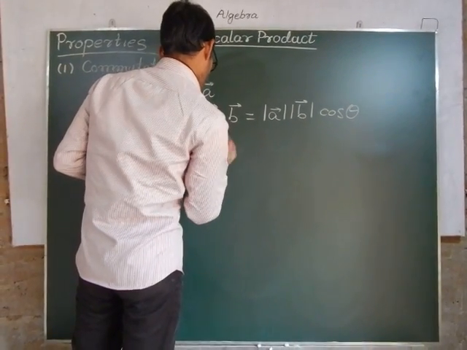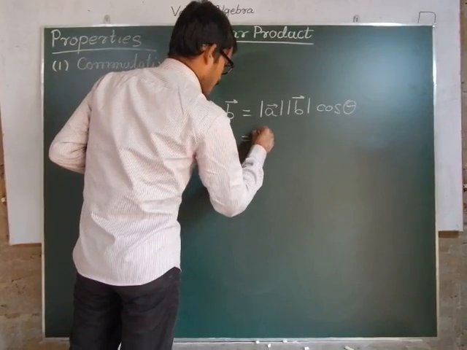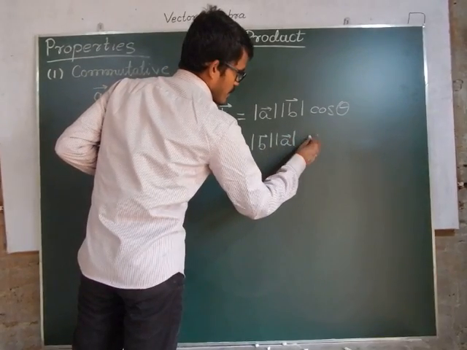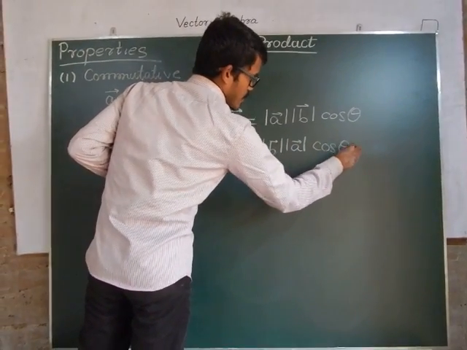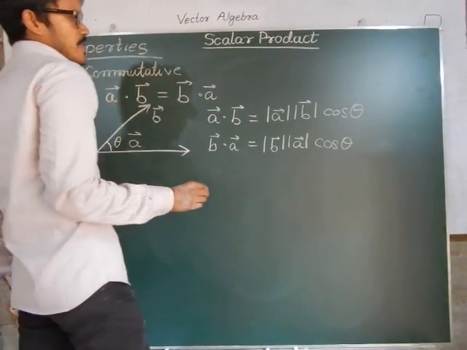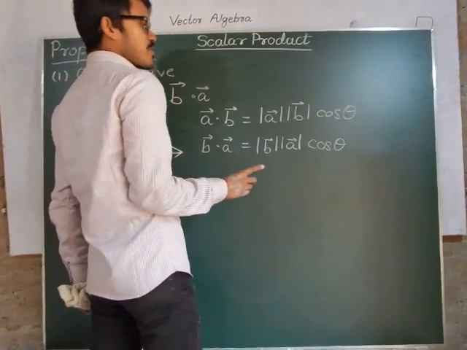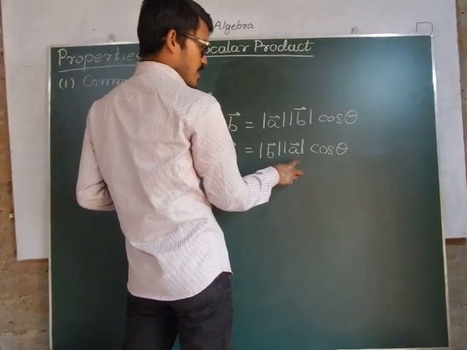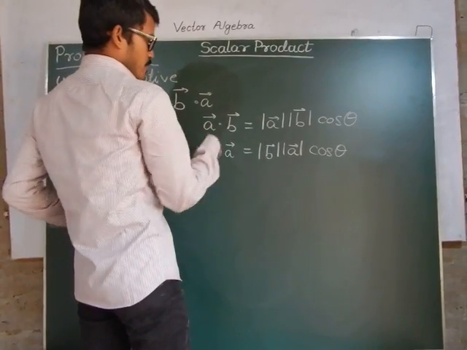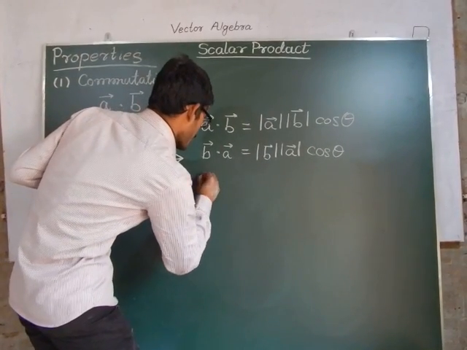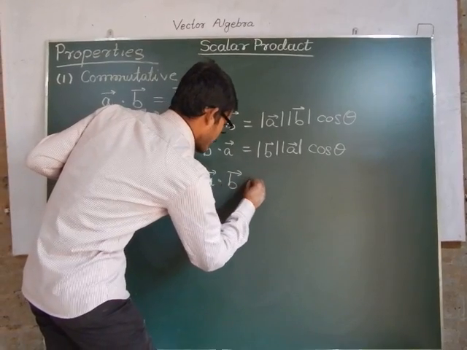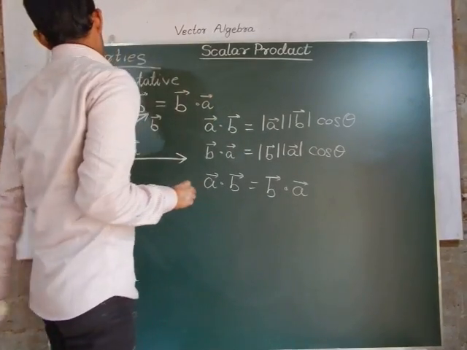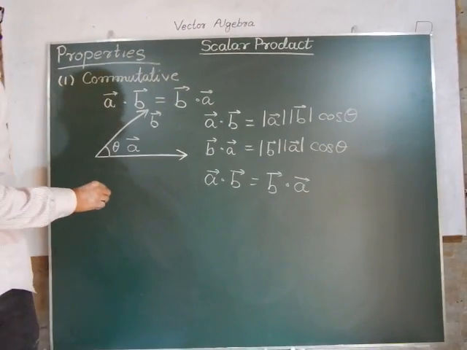And B dot A we can write as magnitude of B into magnitude of A into cos theta. We know that the product of real numbers is commutative, meaning magnitude of A into magnitude of B is equal to magnitude of B into magnitude of A. Hence, we conclude A dot B is equal to B dot A. Means the dot product of two vectors is commutative.